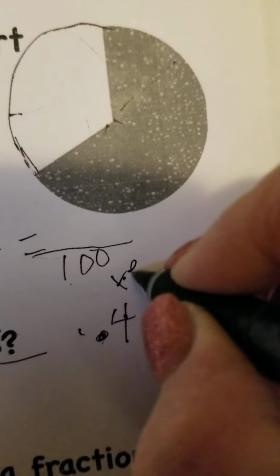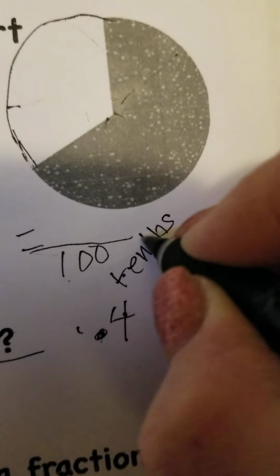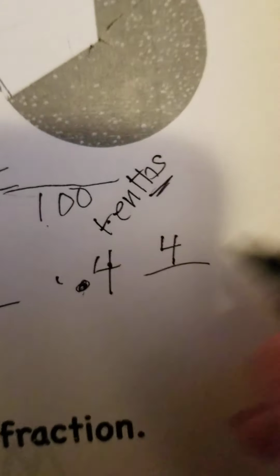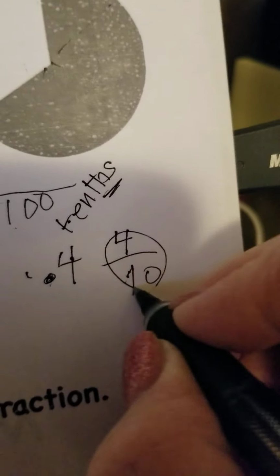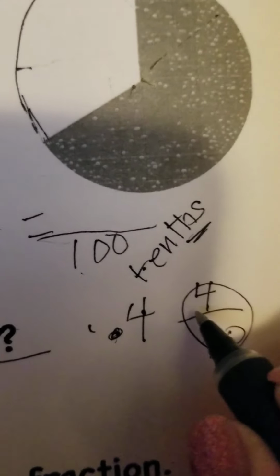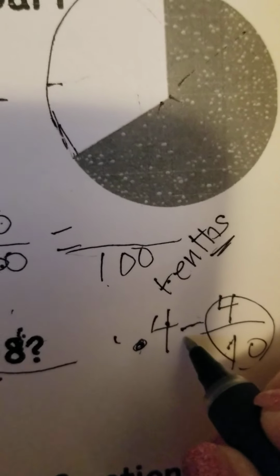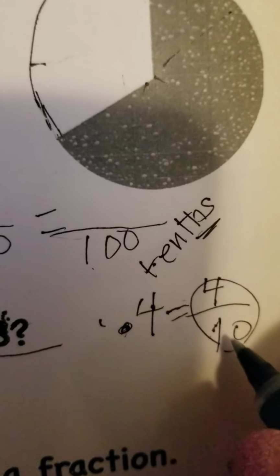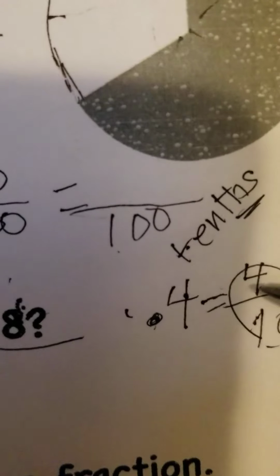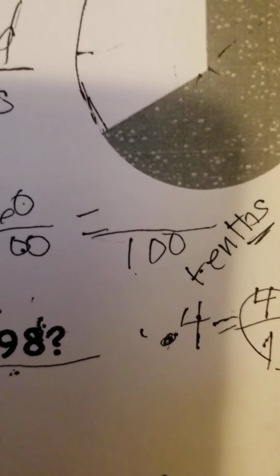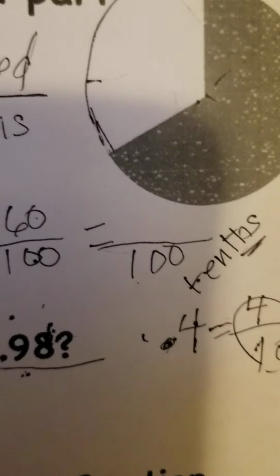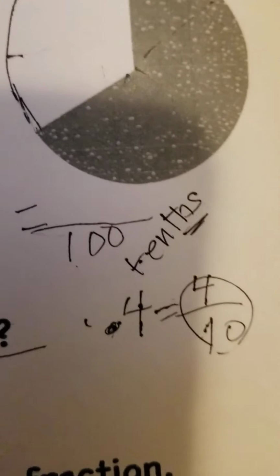Remember, tenths, not tens, but tenths. So then you're going to write a 10. Okay? So decimal 4 is the equivalent or same as the fraction 4 tenths. If you forgot your place values for your digits to the right of a decimal, you have a resource that Mrs. Enriquez gave you on a little ring that has your decimal place values.